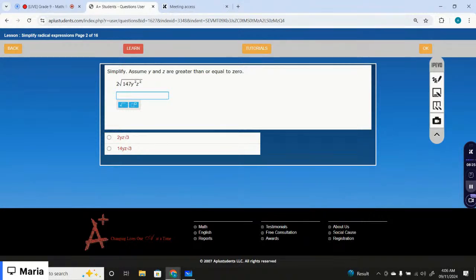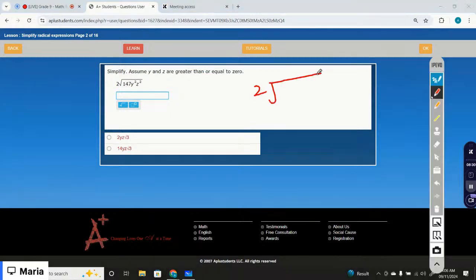You can write 147 as 7 times 7 times 3. 7 times 7 times 3 y square and z square. So you can write then 7 as 7 square, y square, z square, and square root 3.